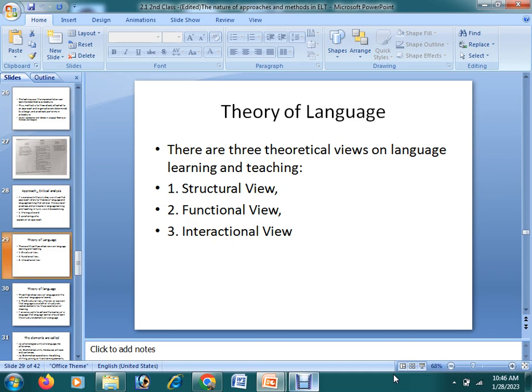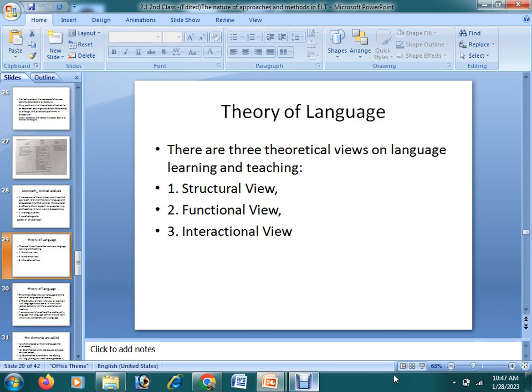I want to learn a language, but if you say that you know a language, can you interact in that language? If you say yes, then it means you know the language, and the demand for interaction through language and communication increased. That view came into discussion among linguists and sociologists after the 1980s decades.